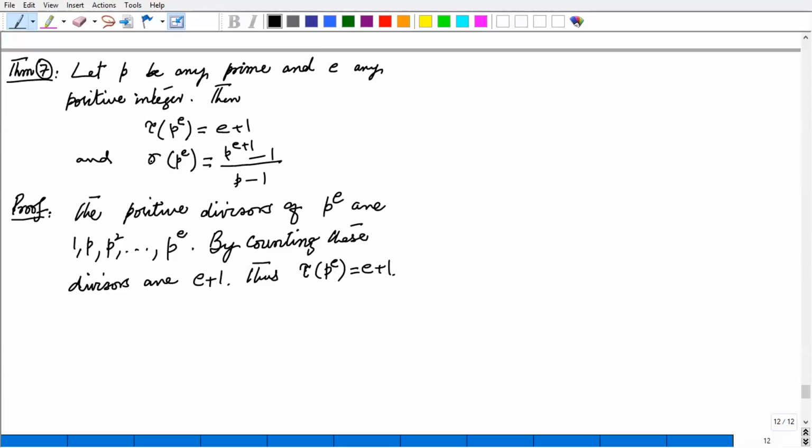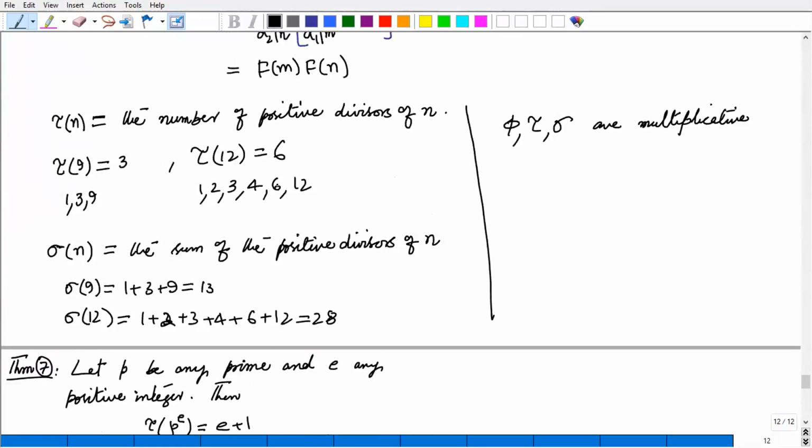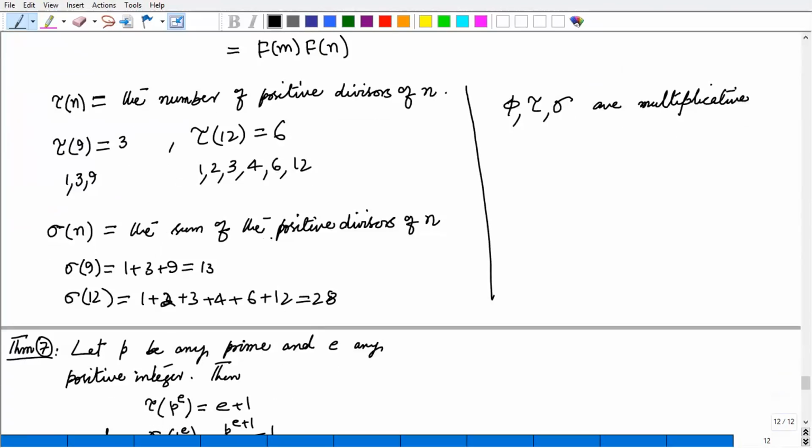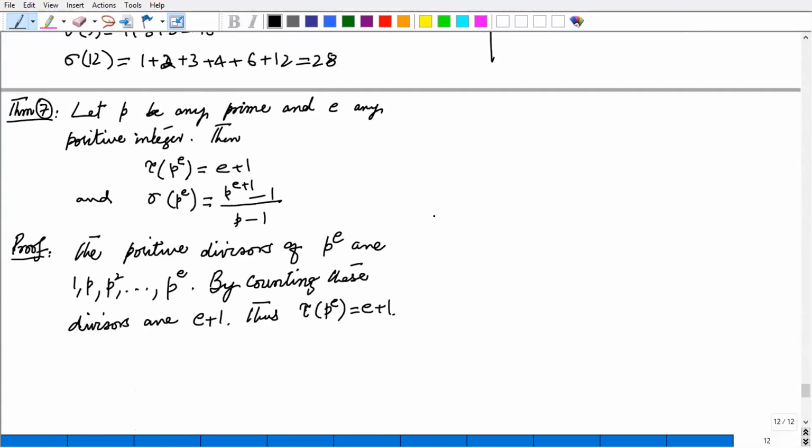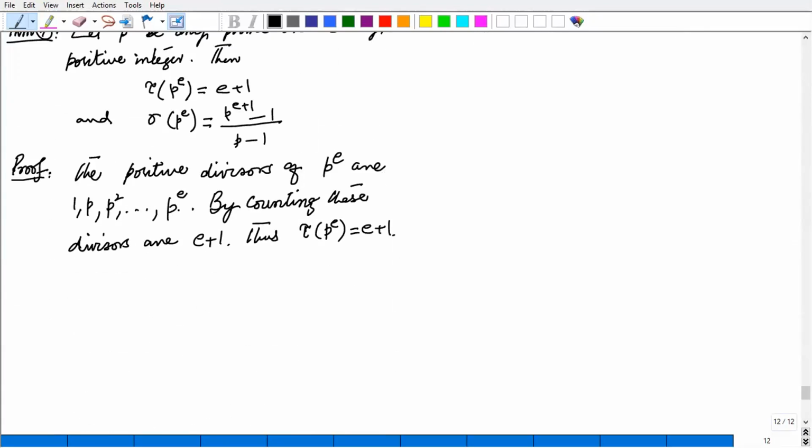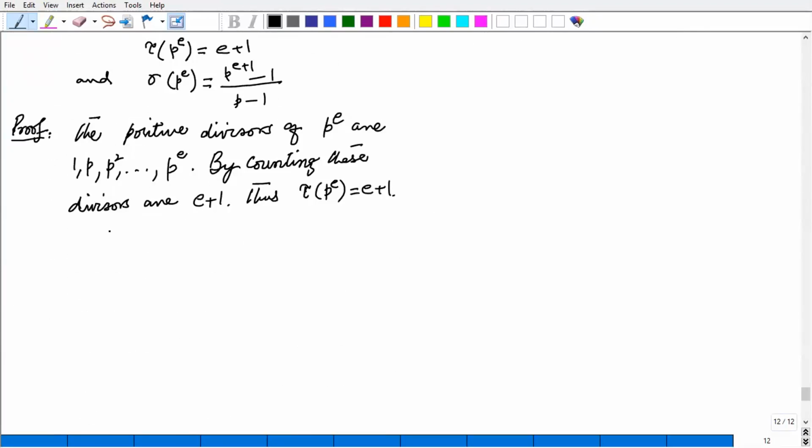Next thing, sigma of p to the power e. By definition, sigma is the sum of the positive divisors of n. We have the positive divisors of p to the power e, so we can find their sum easily. So sigma of p to the power e is 1 plus p plus p square till p to the power e.